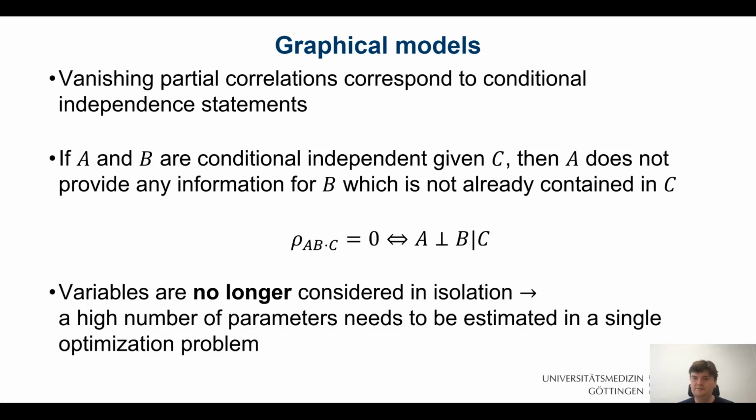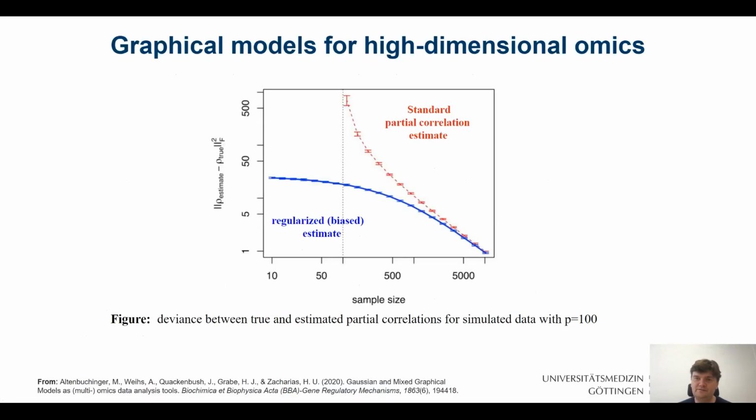And one thing is worth mentioning. So we are usually dealing with high-dimensional omics data, so really many molecular variables. And as I mentioned, we need to estimate really a lot of parameters. And what I show you here is a plot where I have on the y-axis the difference between an estimate of the partial correlation matrix and the ground truth.